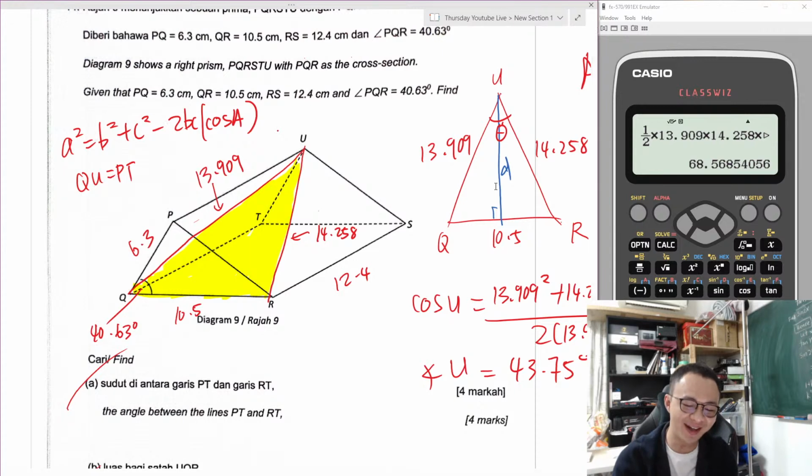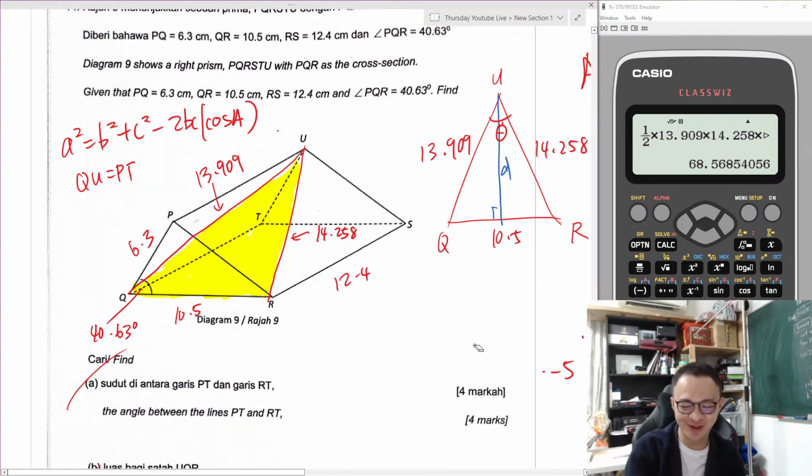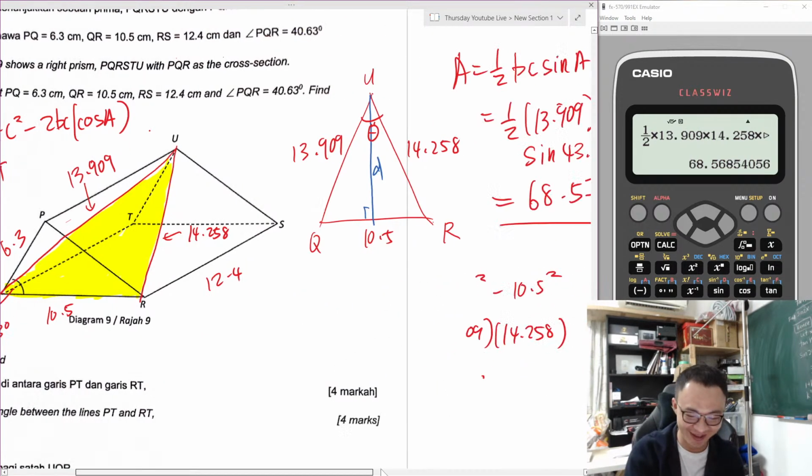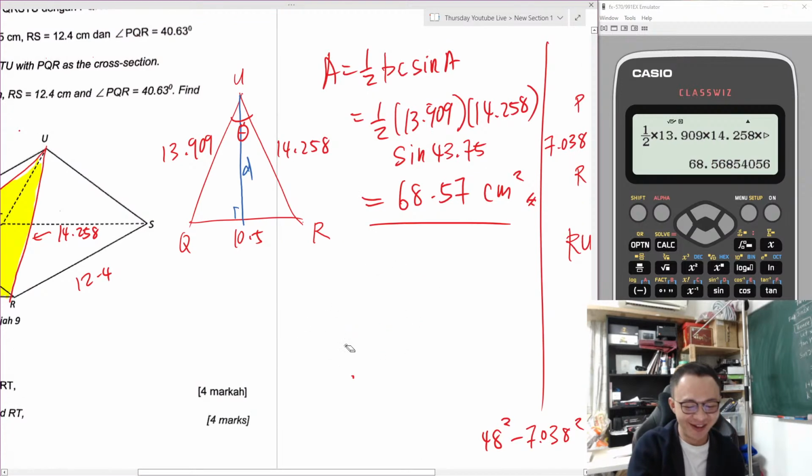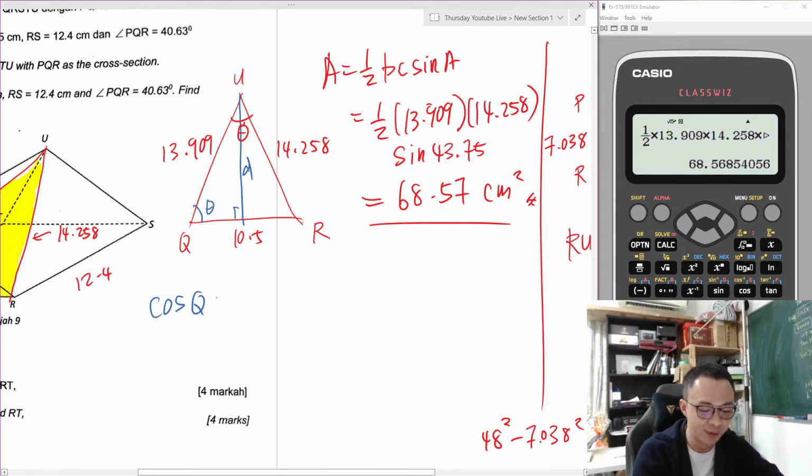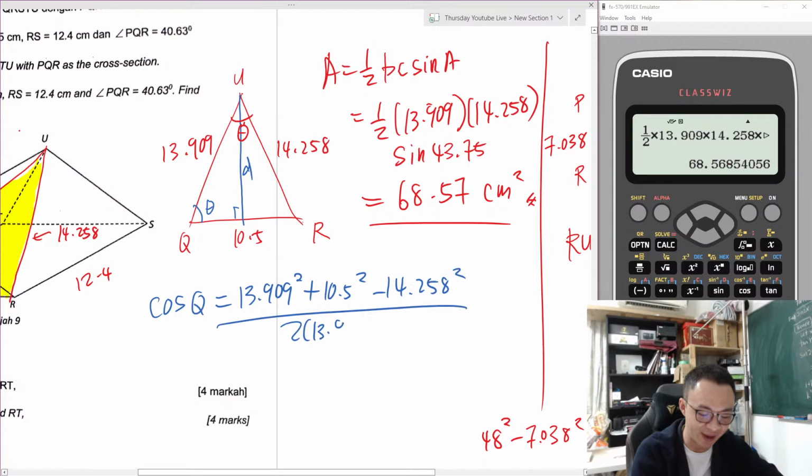There's no shortcut. I need to find one of the angles, then use SOHCAHTOA to solve. Okay, let's do it for 2 marks. Let's find angle Q here. Cos Q equals 13.909 squared plus 10.5 squared minus 14.258 squared, over 2 times 13.909 times 10.5.